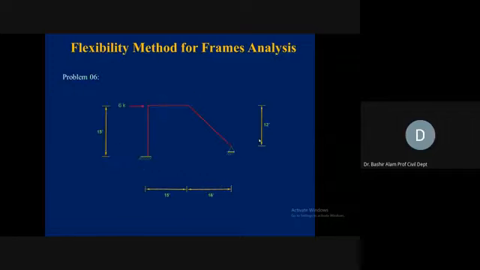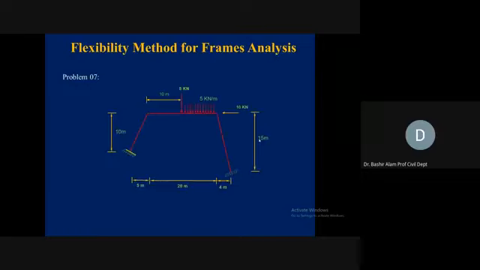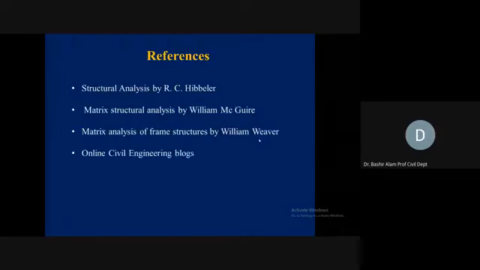This is also, but this is now your problem. You need to solve this one and problem number 7 also. This is your assignment, and next week you need to submit them. So with this, we finish the analysis of the rigid joint 2D frames by flexibility method.